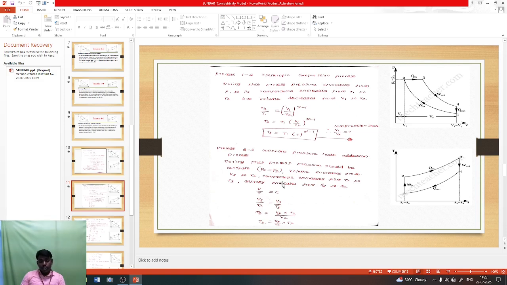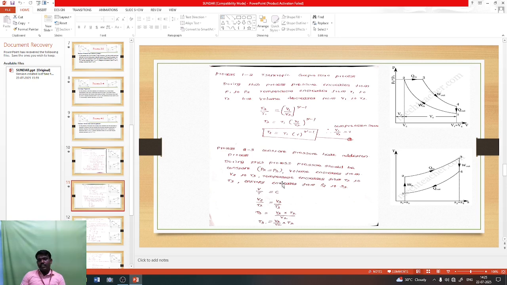So T2 by T1 is equal to V1 by V2 power gamma minus 1. When the temperature increases, the volume decreases. That is the meaning of T2 by T1 equal to V1 by V2 power gamma minus 1. So T2 is equal to T1 into (V1 divided by V2) power gamma minus 1.